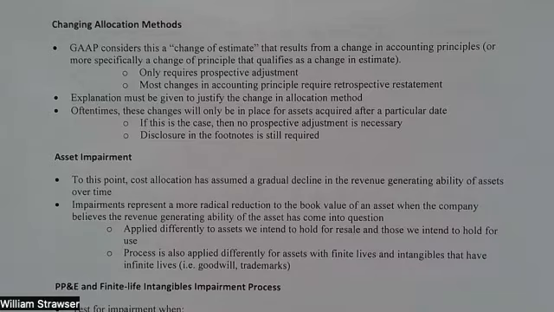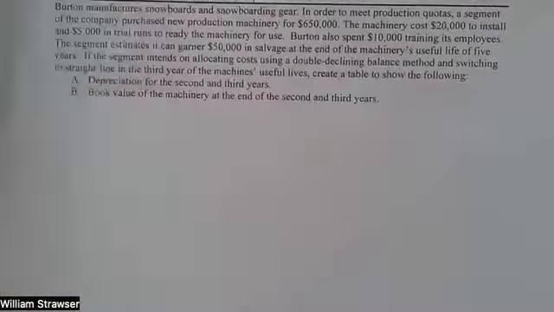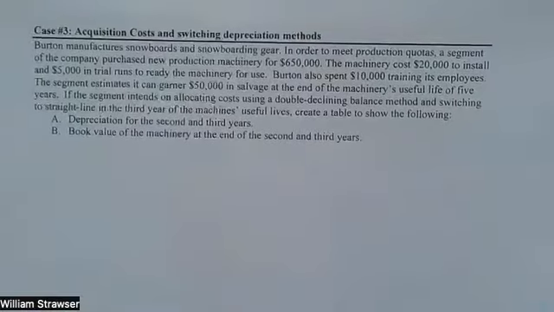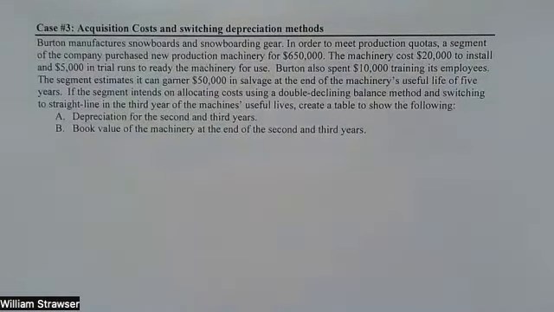One of the examples that I have in the cases has this actually going on. Case number 3, this is also in that same document that I put up there, the extra problems. This would be something that I would definitely work through.